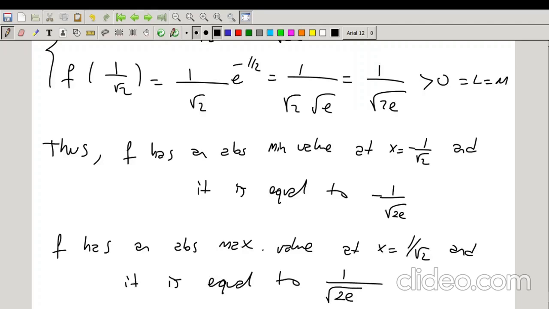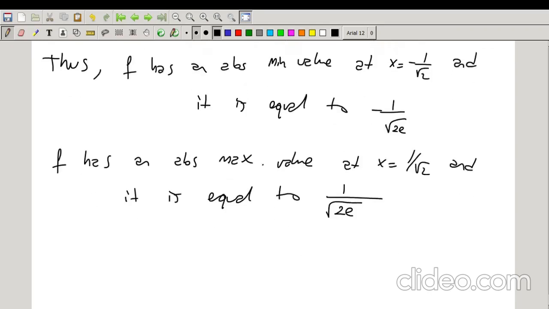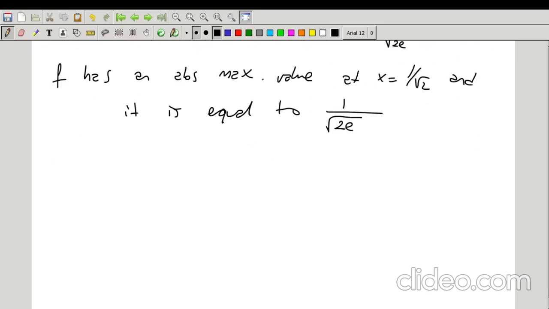We can show it in the following graph. Still we are not in the sketching part, but you can understand what I mean by this graph. Let me draw the following graph to understand how we have these maximum and minimum values.